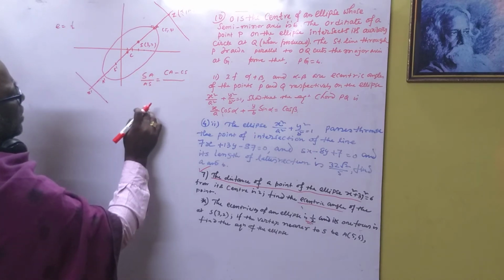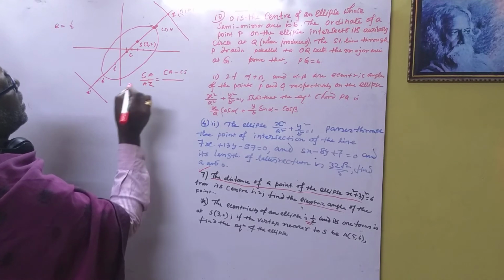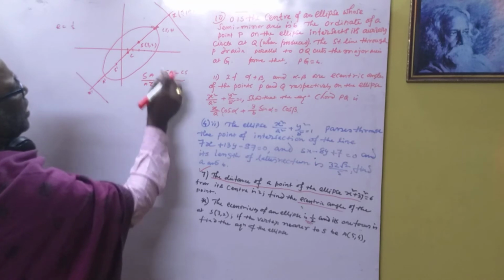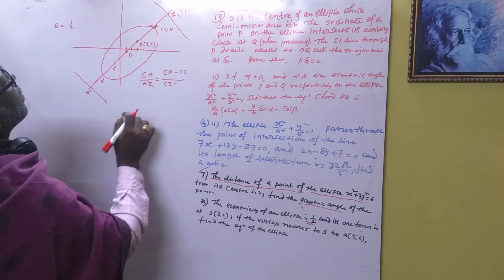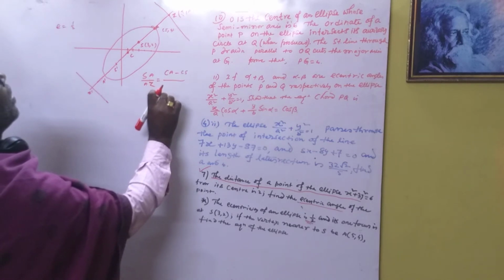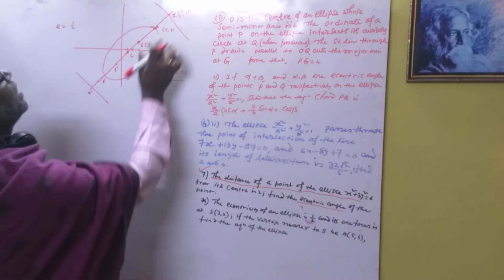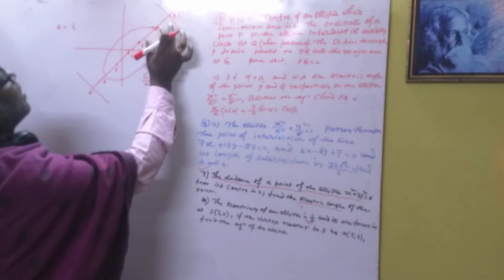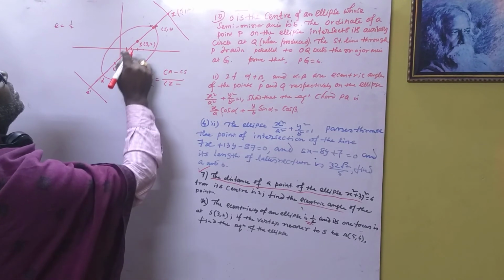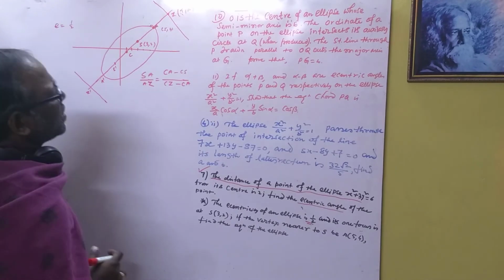And AZ means CZ minus CA. CZ minus CA is AZ.